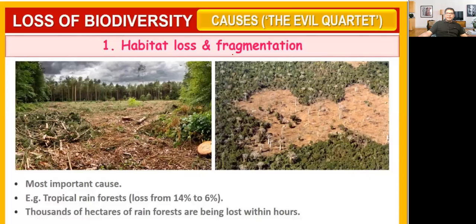Habitat loss and fragmentation is one of the most important causes of loss of biodiversity. Tropical rainforest has been reduced from 14% to 6%. Thousands of hectares of rainforest are being lost within hours.